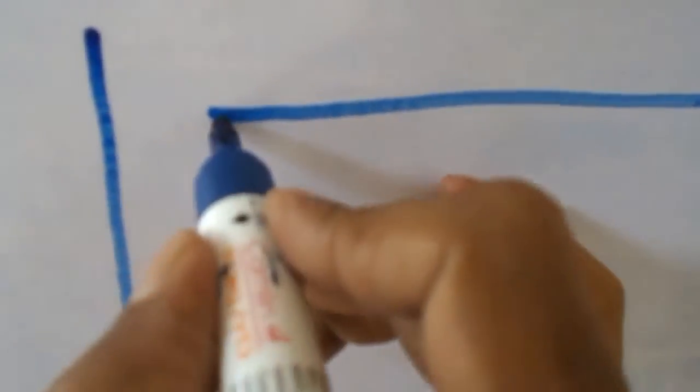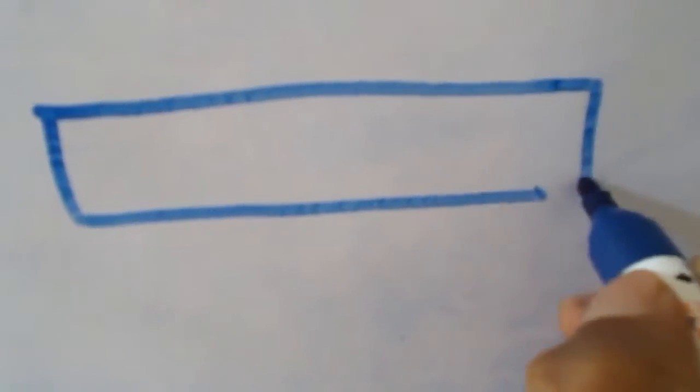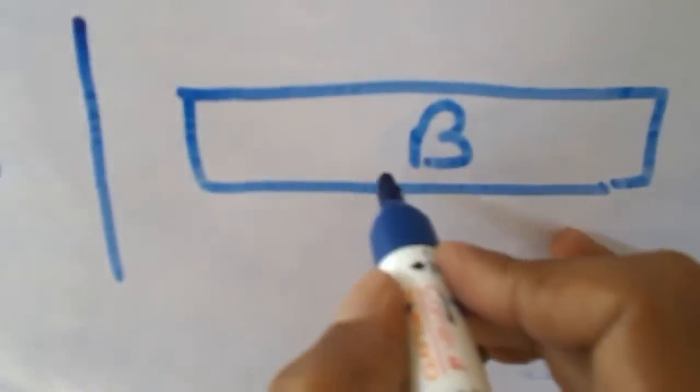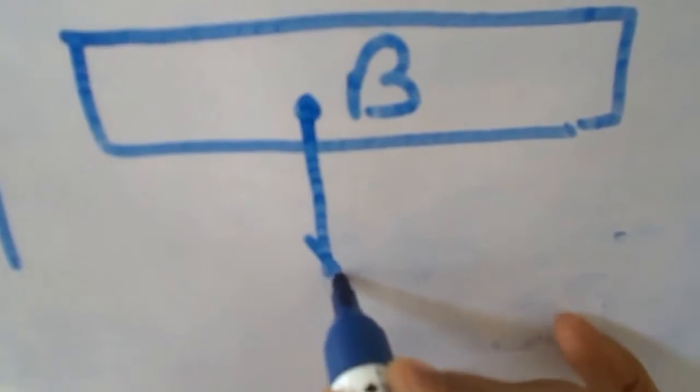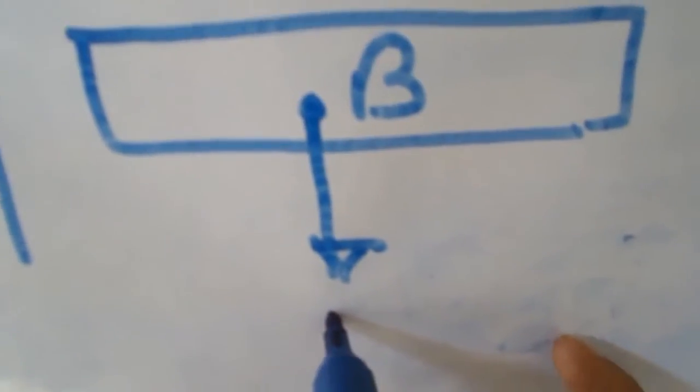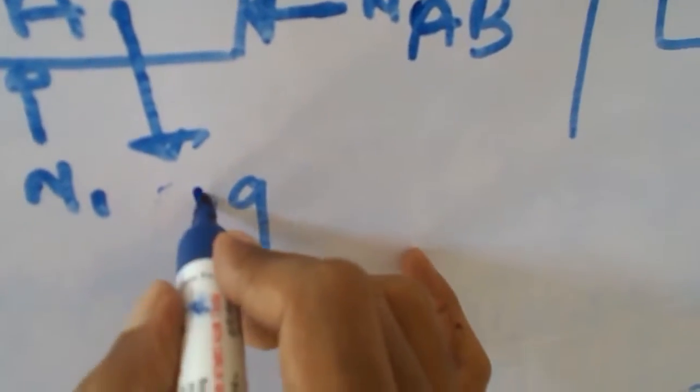Now I am going to draw the free body diagram of B. Here is B, and there is a force downward due to gravity. This is the 2 kg block, so 2g. The other one, with mass 1, should be 1g.